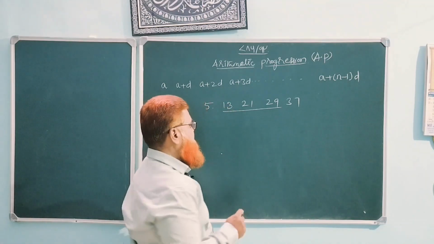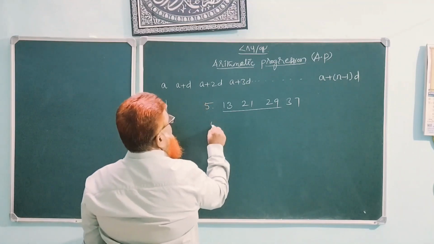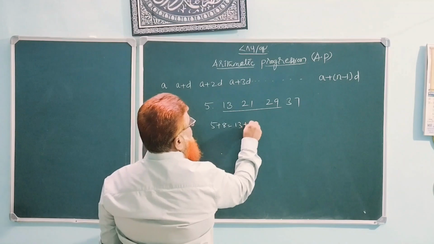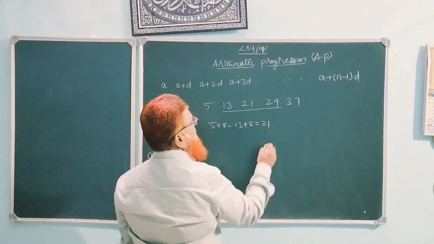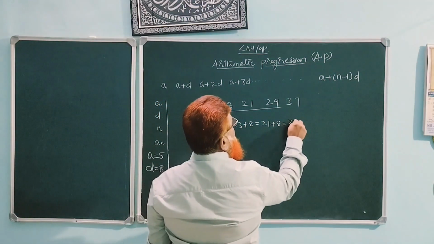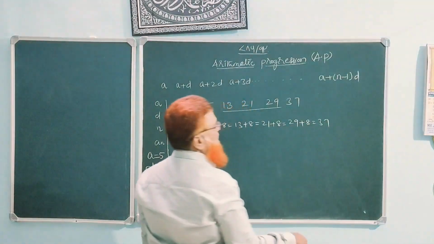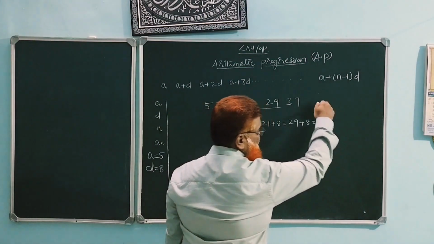5 plus 8 is 13, plus 8 is 21, plus 8 is 29, plus 8 is 37. What is the succeeding term after 37?